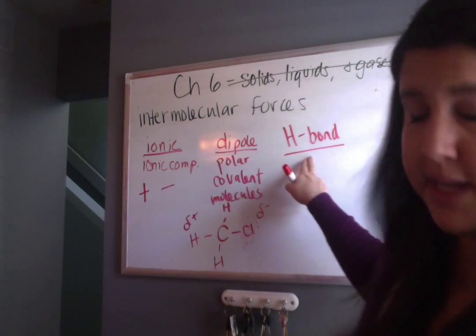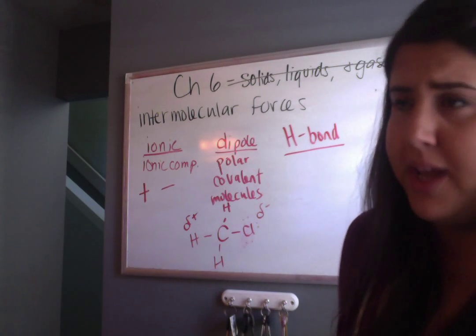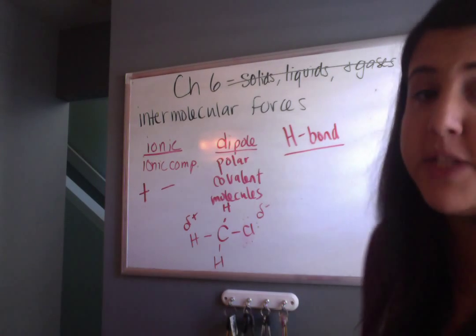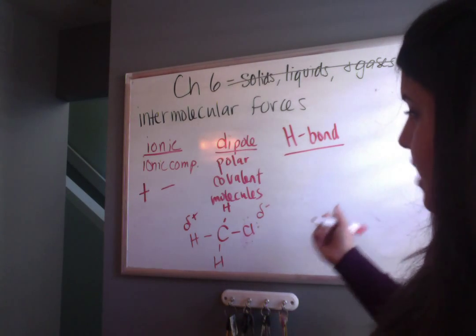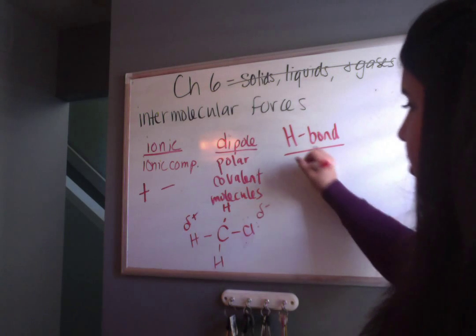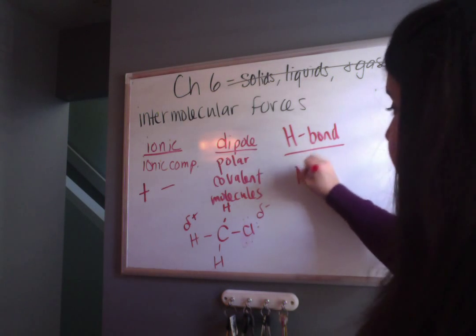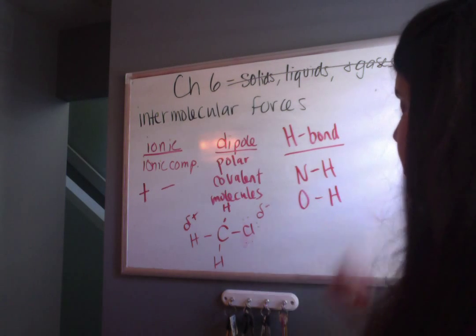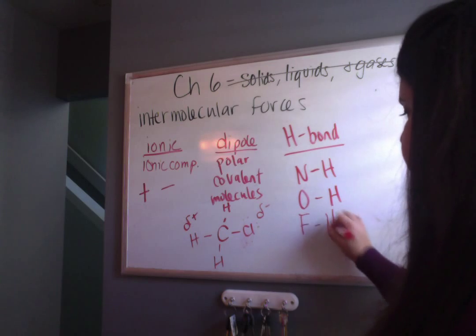Since hydrogen bonding is just a subcategory of dipole-dipole interactions, hydrogen bonds are special because they are extra strong dipole-dipole forces. Hydrogen bonds occur when I have specifically an N-H bond in my molecule, or O-H, or F-H.